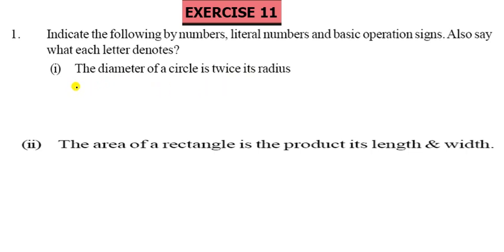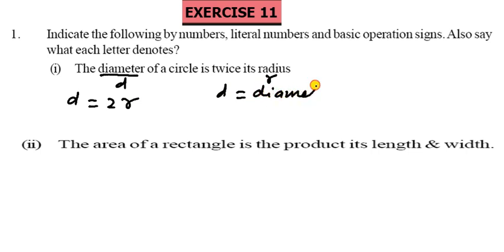Diameter is shown by d and the radius is shown by r. These are the variables. So d is equal to 2r. What does d denote? That is the diameter of the circle. And r? It is the radius of the circle.